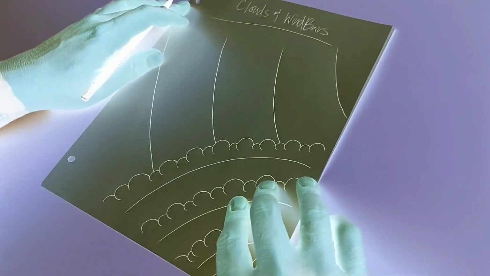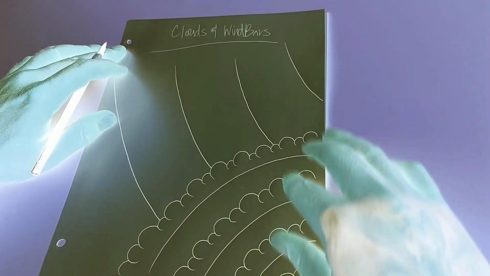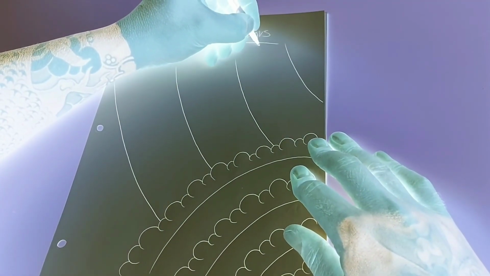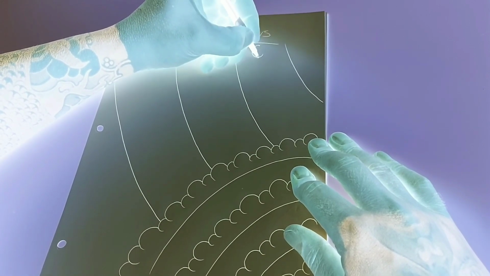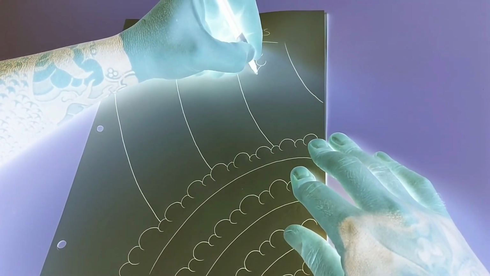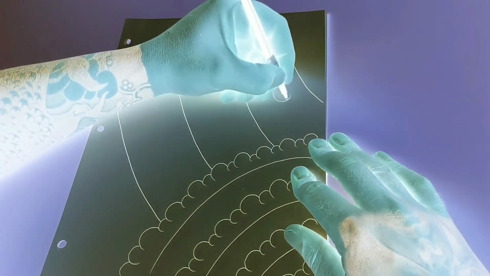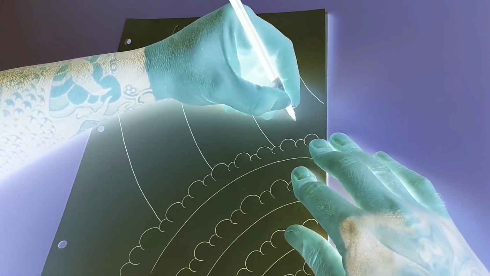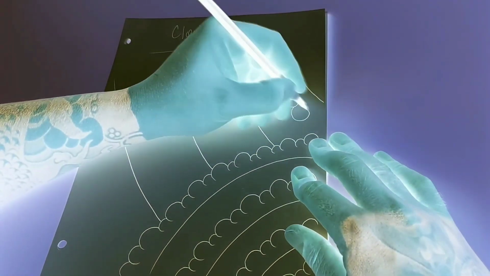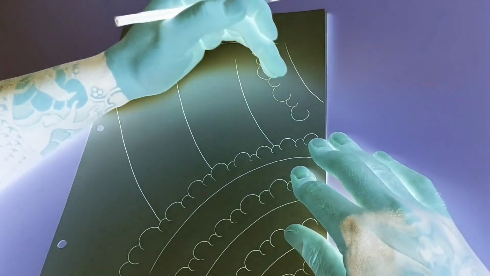So what we're going to do here now, hopefully you guys can see this, is come right here and put in some clouds coming down. So these could have been this way. I could have gone the other way where they're facing up.